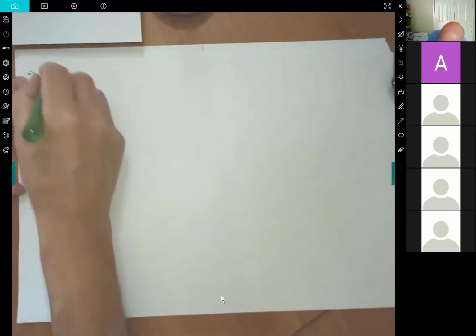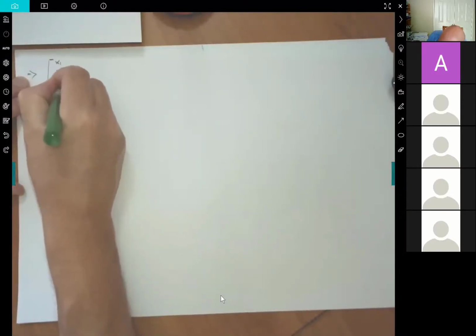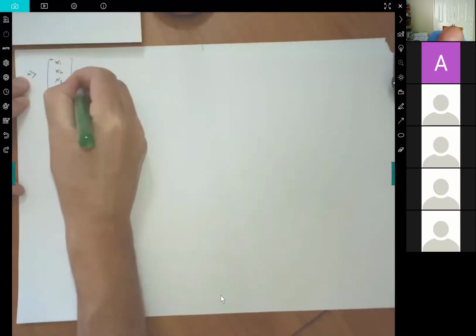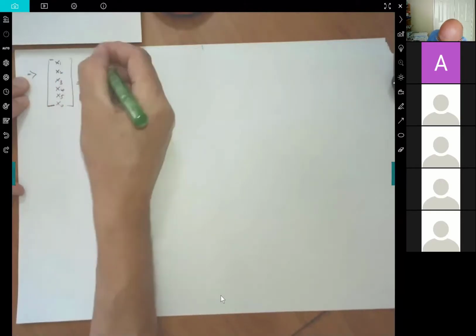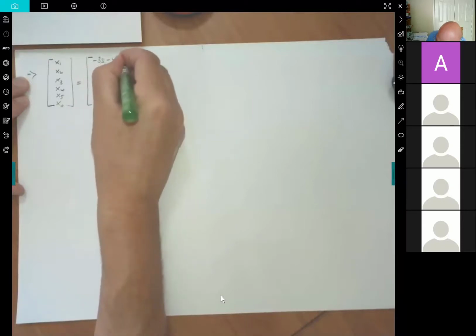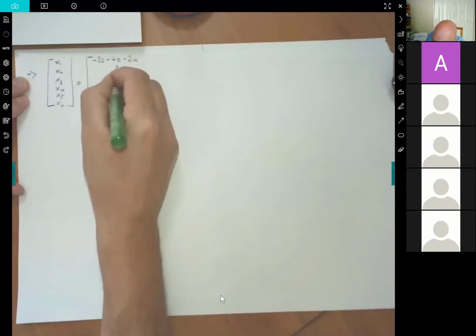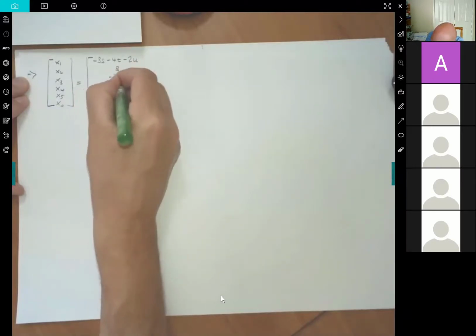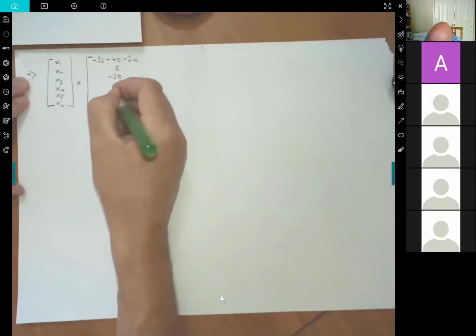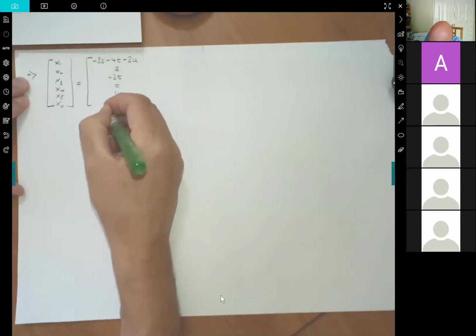So we get x1, 2, 3, 4, 5, and 6 is equal to minus 3s minus 4t minus 2u, s, negative 2t, t, 5 is u and 6 is 1/3.